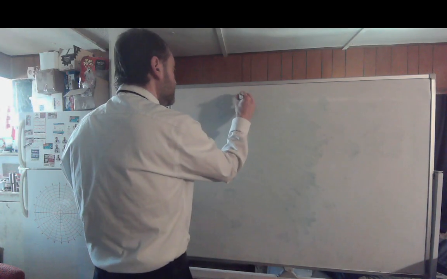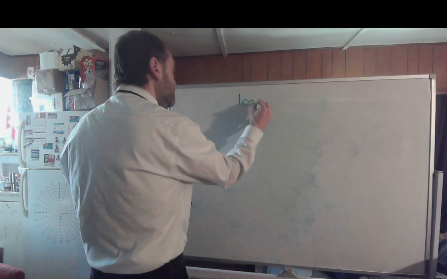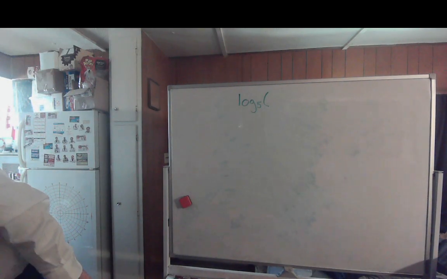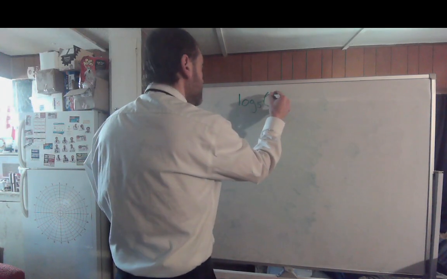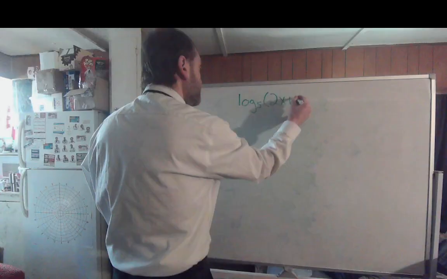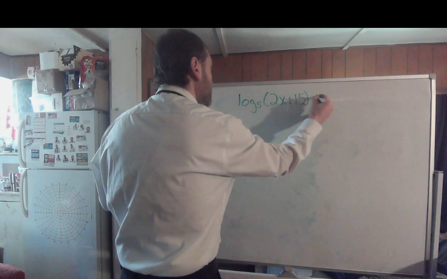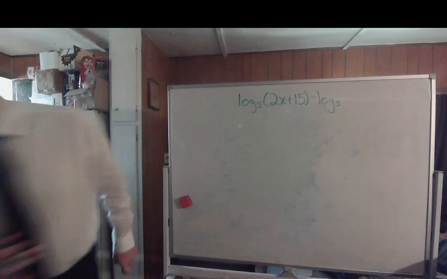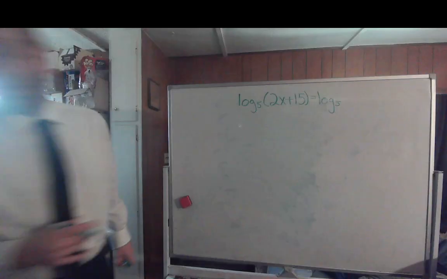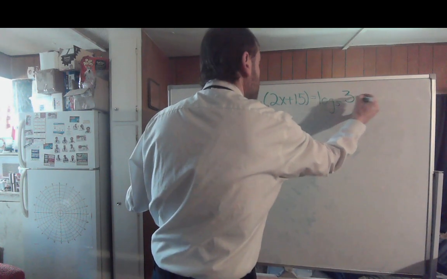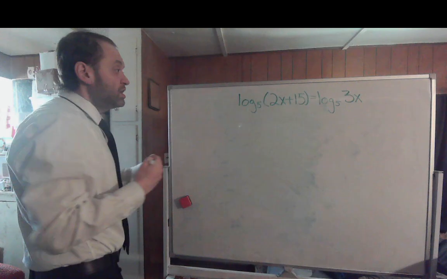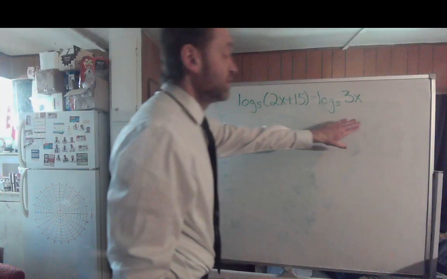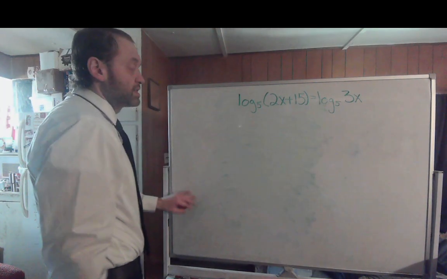We have log base 5 of 2x plus 15 equals log base 5 of 3x.